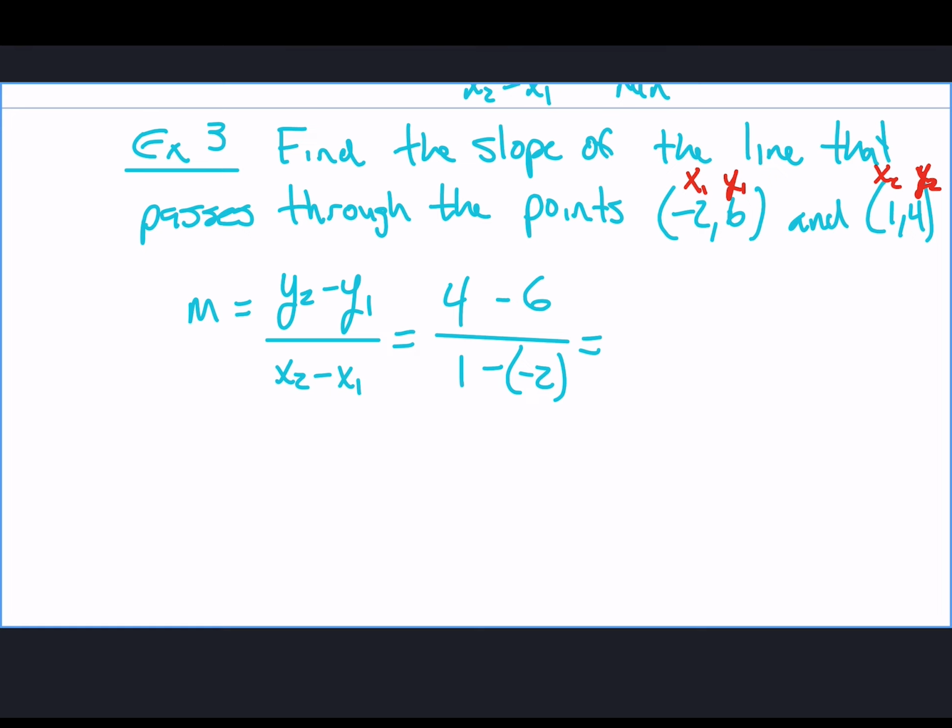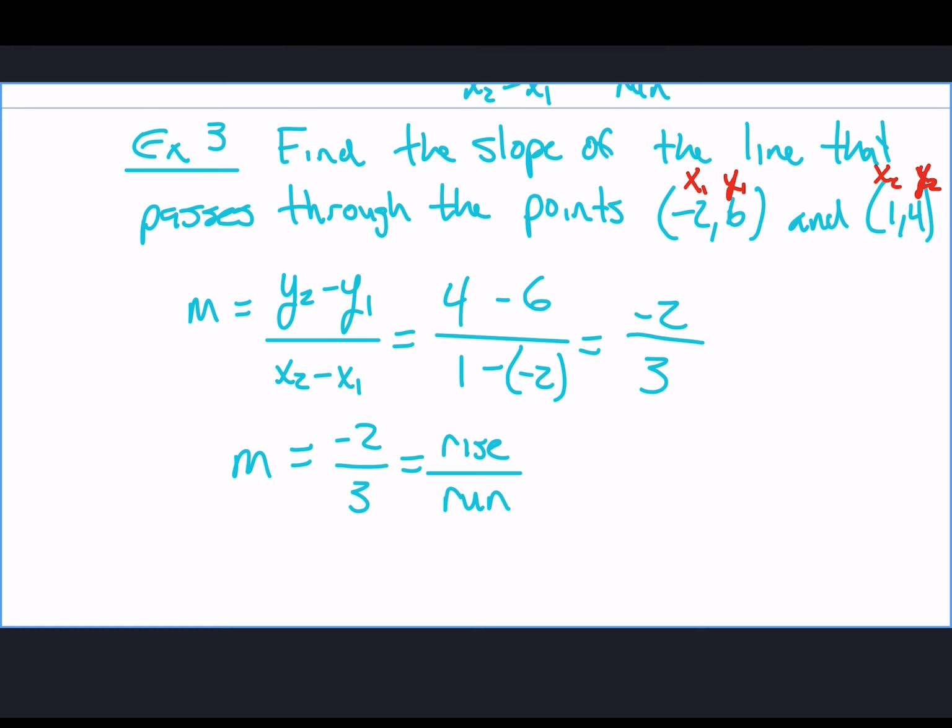What's 4 minus 6? -2. And 1 minus a -2 is 3. So my slope, m, is equal to -2/3, which means for every 2 units that I go down, my rise, I need to go over 3 units in the x direction. So I need to run 3.